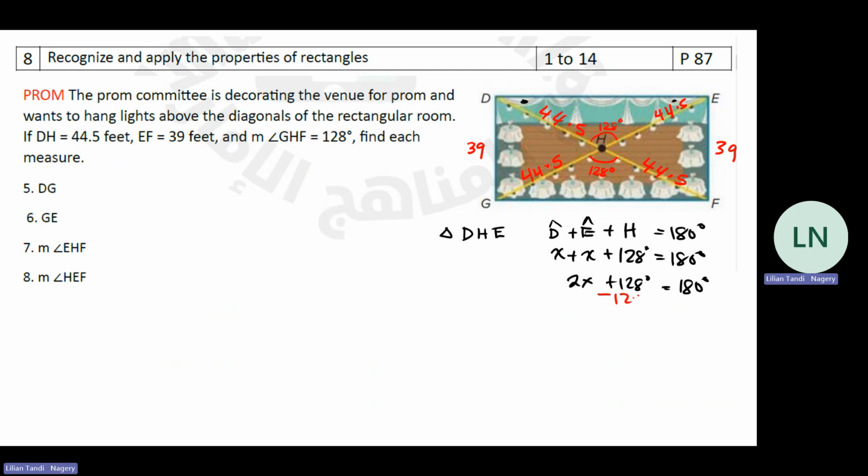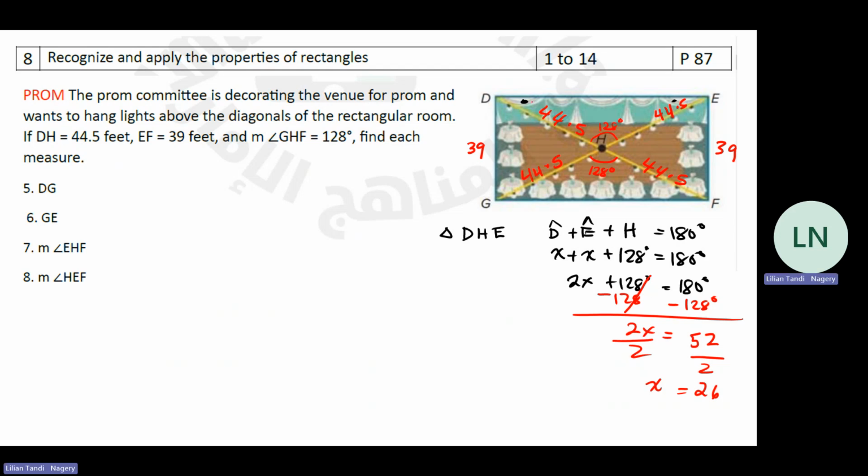Minus 128 from both sides, 2x is equal to 52. Then you divide by 2, x equals 26.